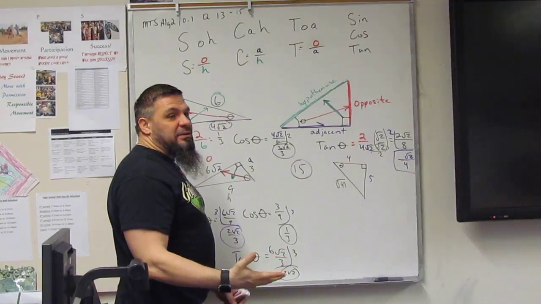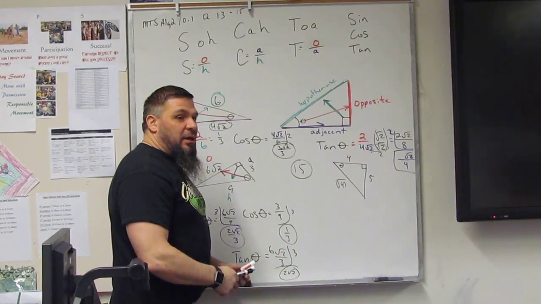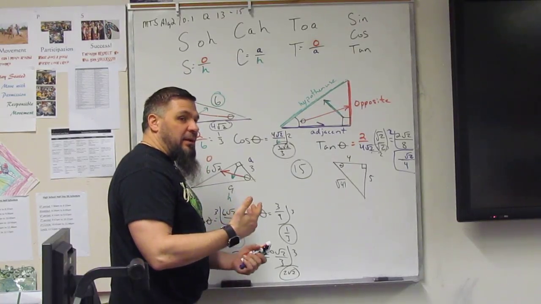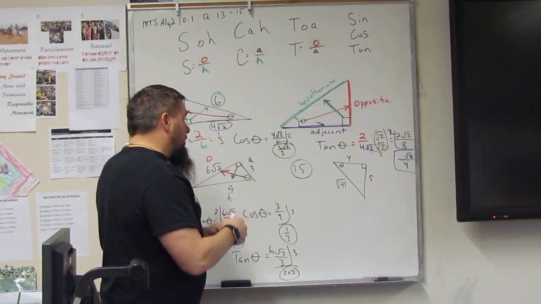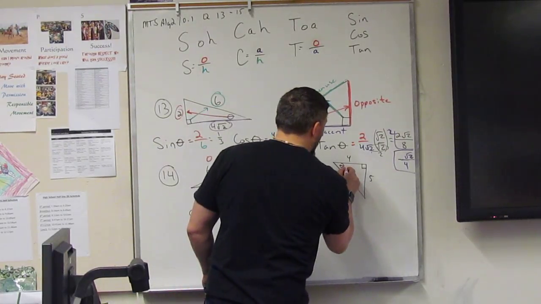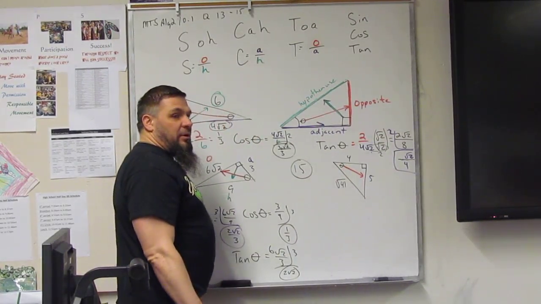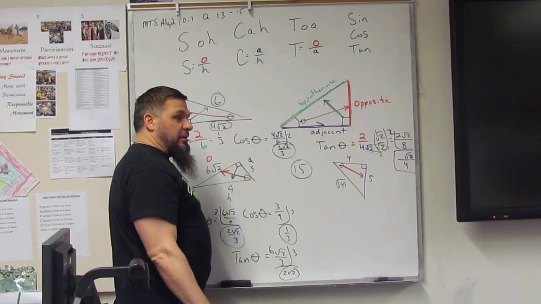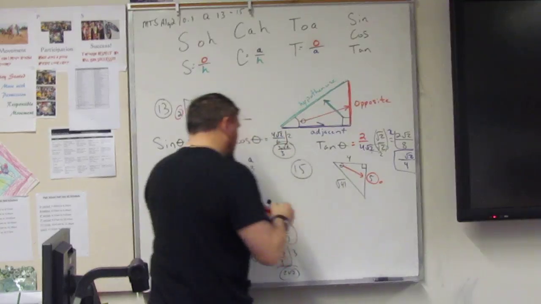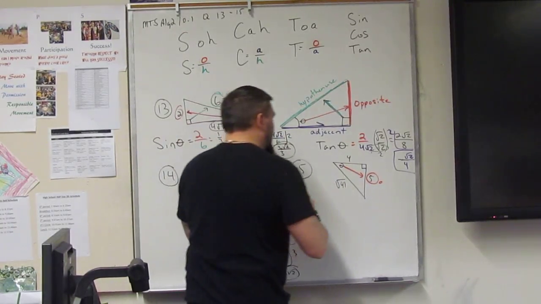The hardest part to this math is figuring out what's opposite, what's adjacent, right? So again, opposite is across from the theta. Okay, so we got opposite. That leaves this to be adjacent.